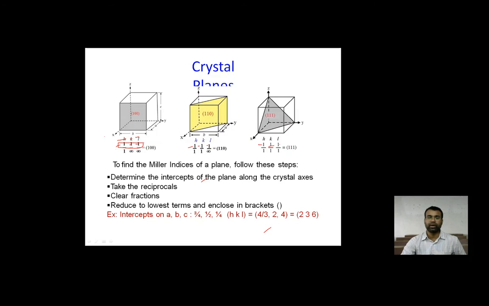What we need to find is the coordinate intercepts. Along h, x is 1, y is infinity and z is infinity. If we put 0 here, the reciprocal leads to infinity.